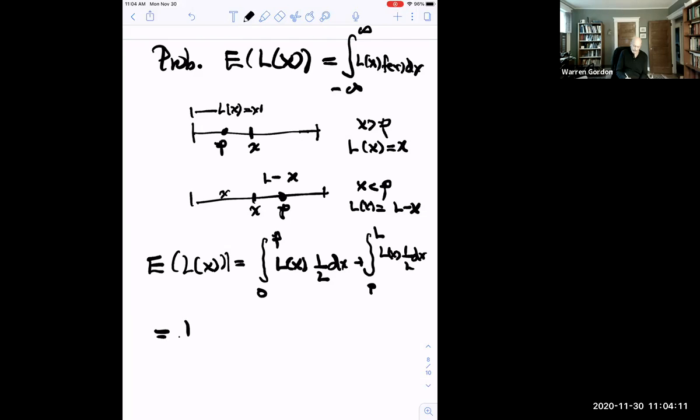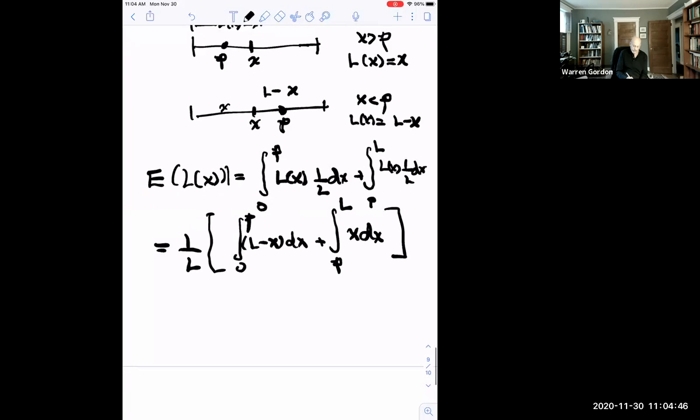Okay, let's take out the 1 over L. Now on this first interval, x is less than P, right? We're integrating all x values between 0 and P. When x is less than P, the length is L minus x. And over this next interval, x is larger than P. And when x is larger than P, the length is equal to x, dx.